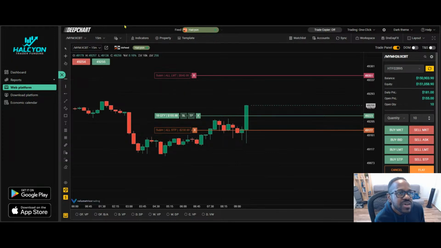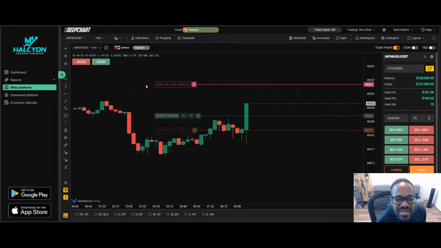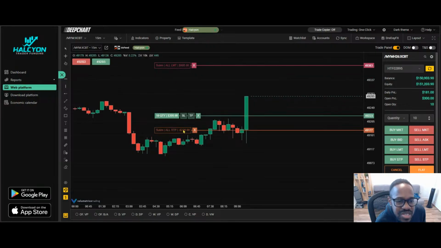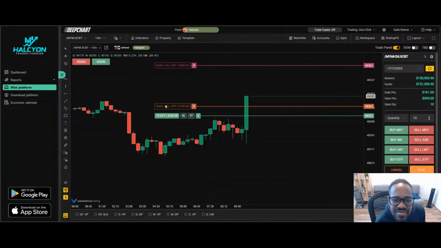So we do have a break of structure at basically this level right here. But we are still pushing here. So that's perfect. That's what we want to see. So we are in profit.